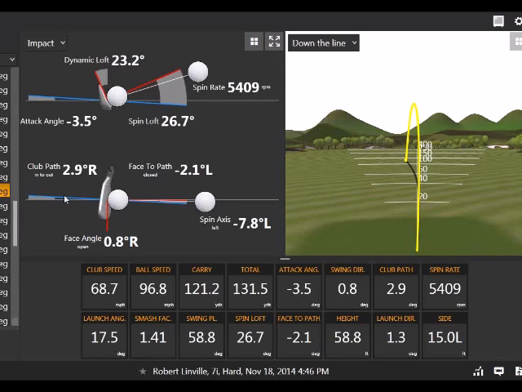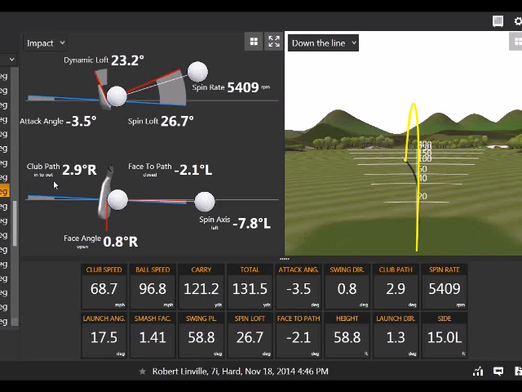So that becomes, why is that happening? Spine angle or pivot or whatever it is. So, to me, trying to influence this club path is the biggest influence, and I typically will try to influence that with setup changes and then pivot changes.